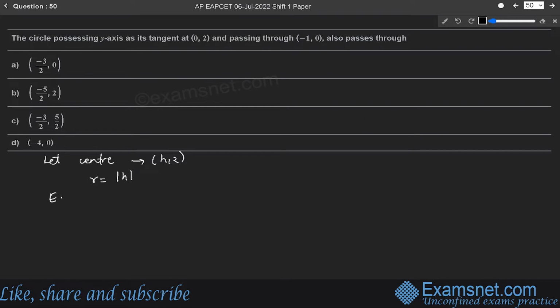Therefore, the equation of the circle becomes (x minus h) square plus (y minus 2) square is equal to h square. As it passes through the point (minus 1, 0), it becomes (minus 1 minus h) square plus (0 minus 2) square is equal to h square.